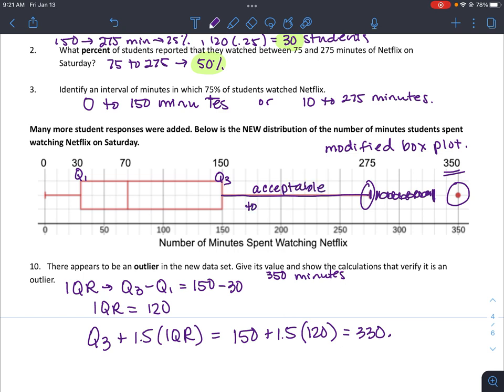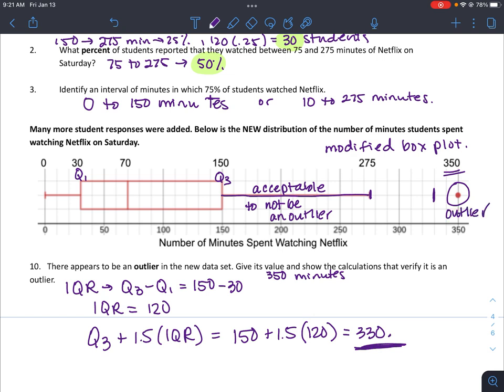So it went up to the largest value without going over, 275, but the calculation of 350 was over what they determined to be an acceptable spot. So 330 was here. Since 350 was bigger than that, this is considered an outlier.